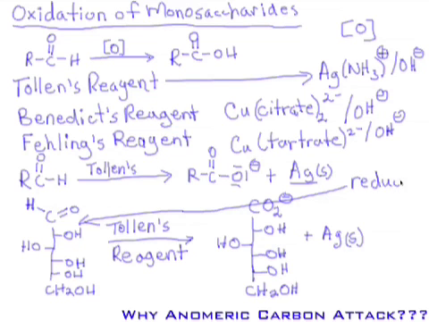So glucose is a reducing sugar. Glucose is a reducing sugar because it reacts with these oxidizing agents. It gets oxidized, but it reduces the metal, the cation, to the solid metal.